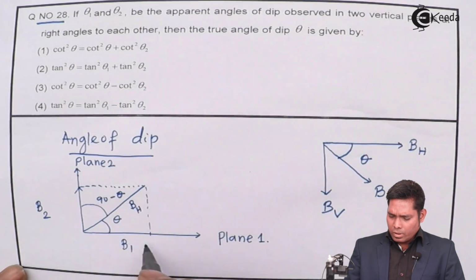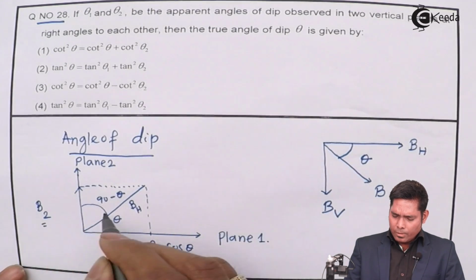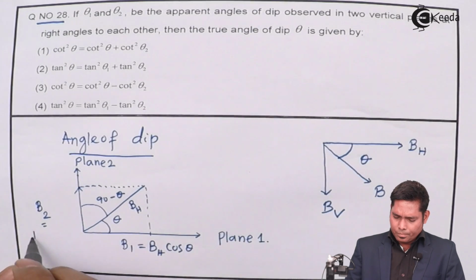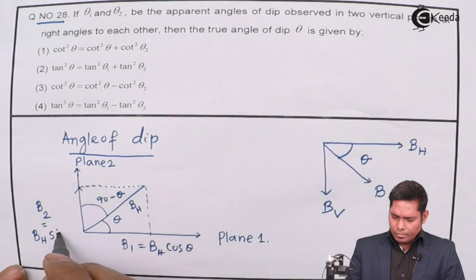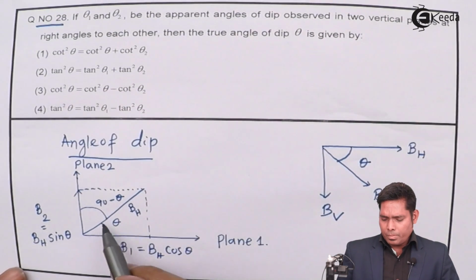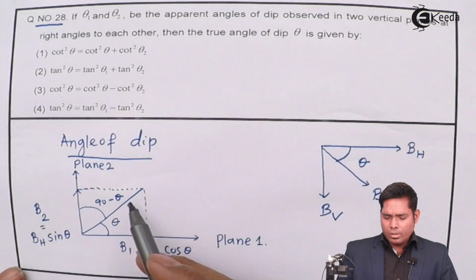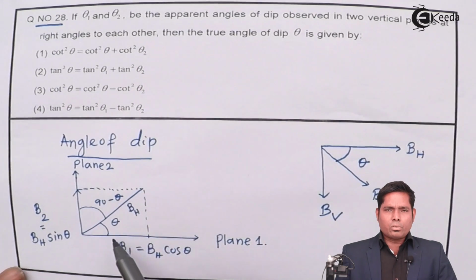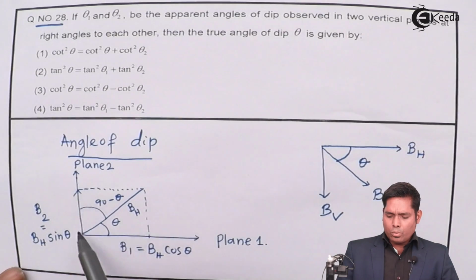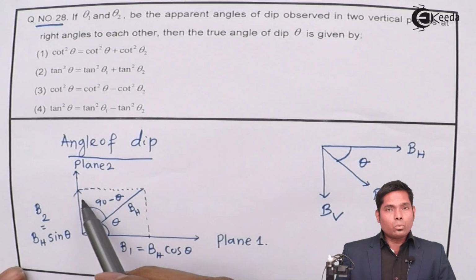So B1 is nothing but BH cos theta, and B2 is BH sin theta. So this BH is actually resolved into two perpendicular components, one along plane 1 and another along plane 2.